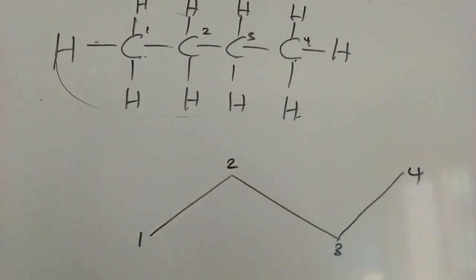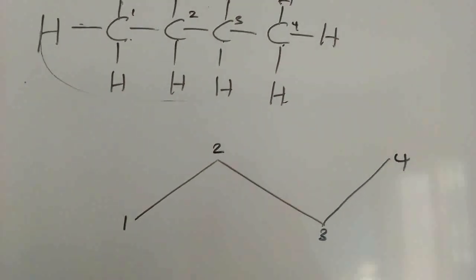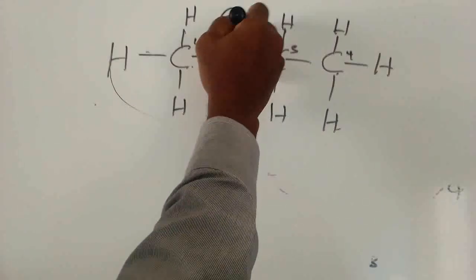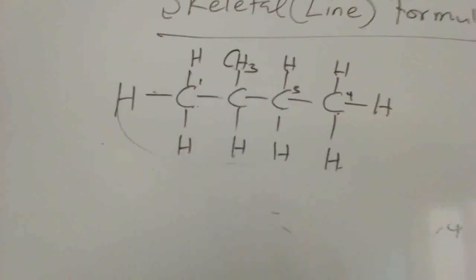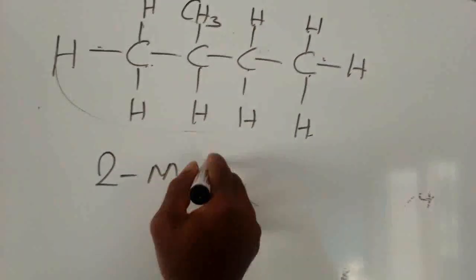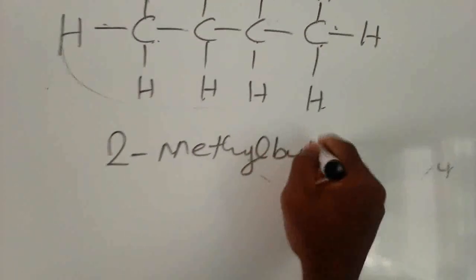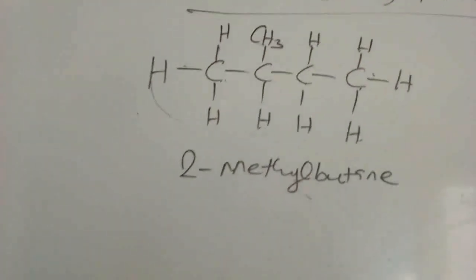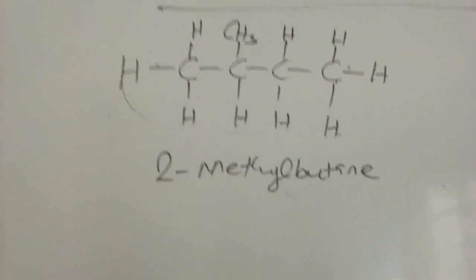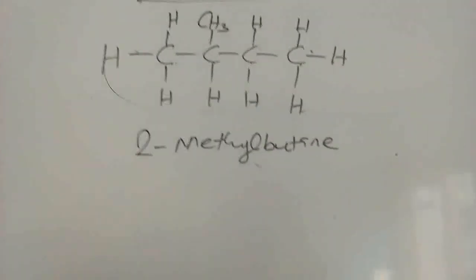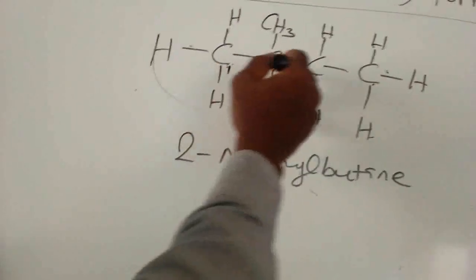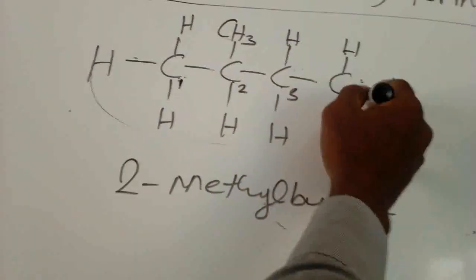Another example we're going to take is, let's for instance, remove 1 hydrogen here and put CH3 in its place. This compound is called 2-methyl butane. We have done nomenclature of aliphatic compounds. This is an alkane, quite alright. So how do we draw this skeletal formula? Let's look at the straight chain, the parent chain, 1, 2, 3, 4, that's the root name, butane.